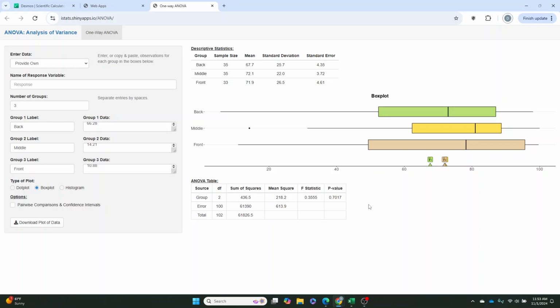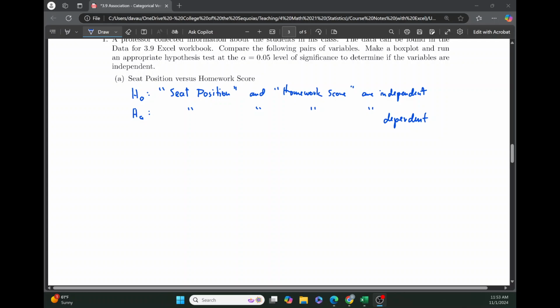Okay, so let's write that down. We ran an ANOVA, right? We went to Art of Stat, and we went to ANOVA. Okay, one way.